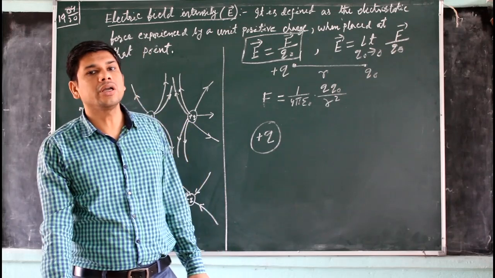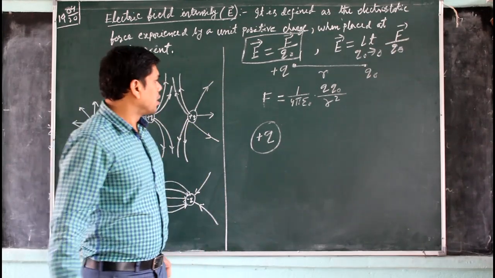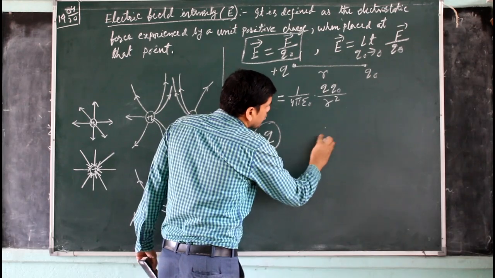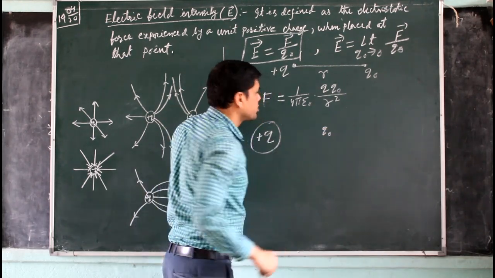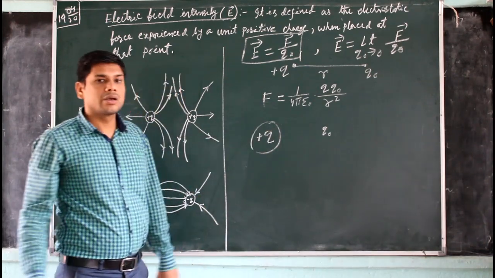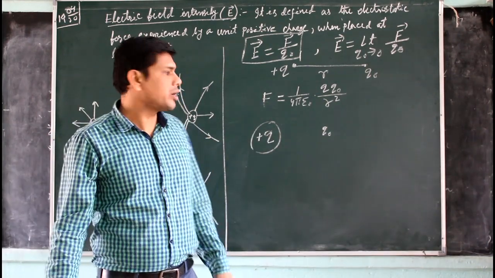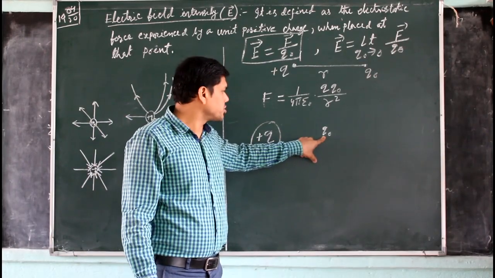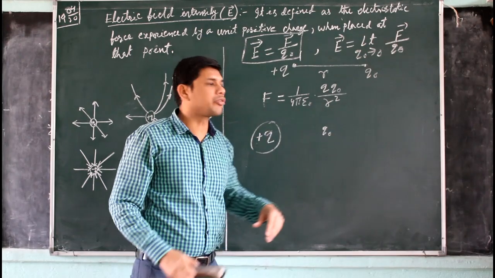That field is called the electric field. Now if we place a positive test charge very close to this plus Q charge, what will happen? As this is a positive test charge, it experiences a repulsive force.